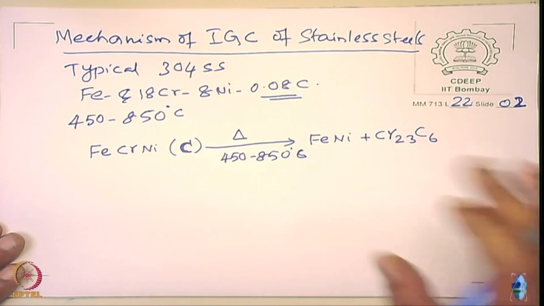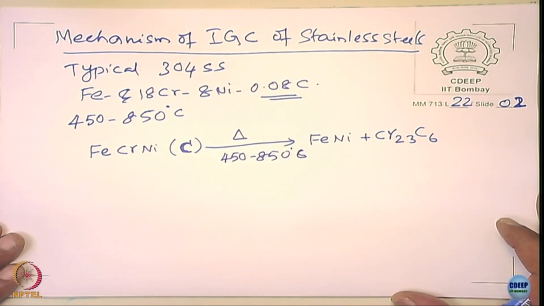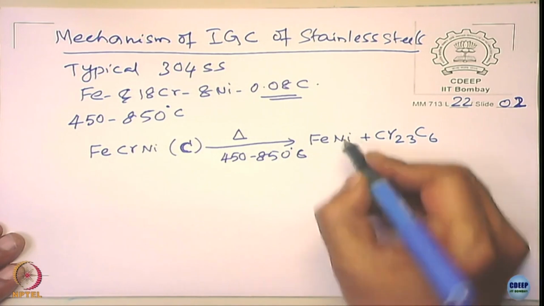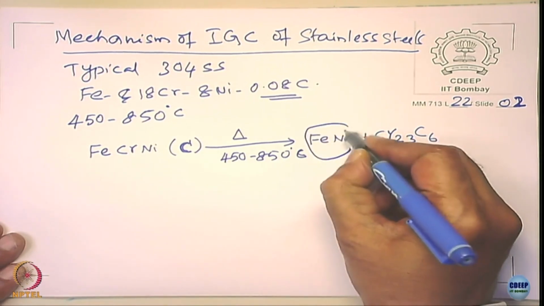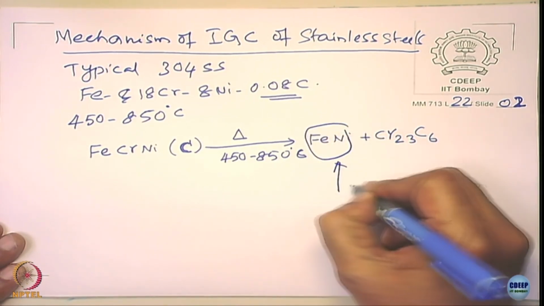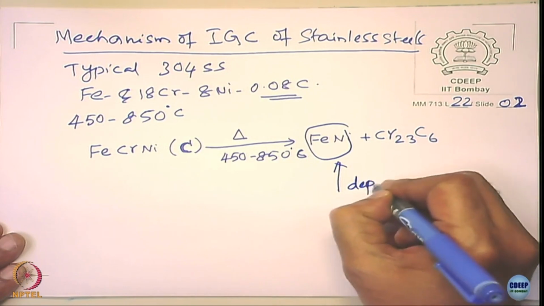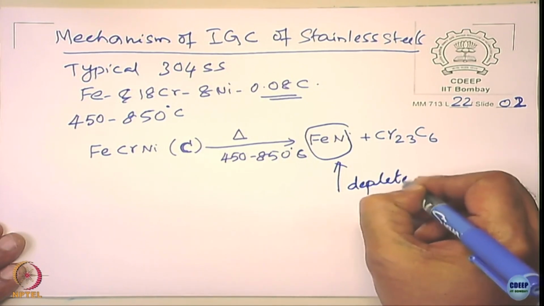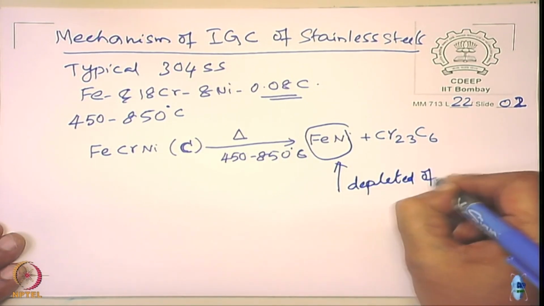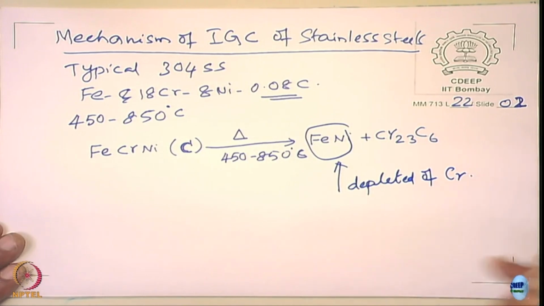And when this forms, obviously the matrix is depleted of chromium.